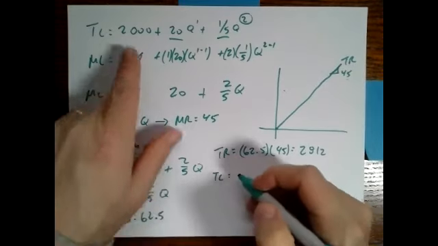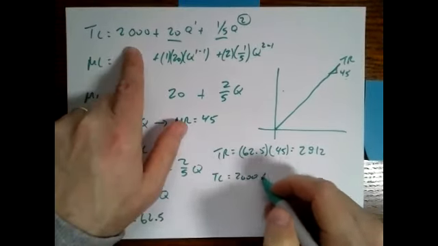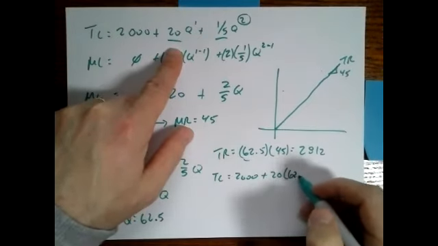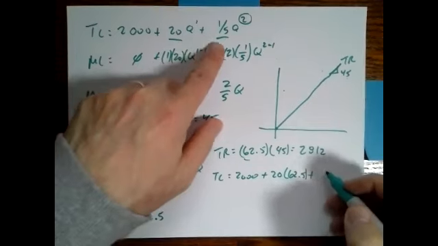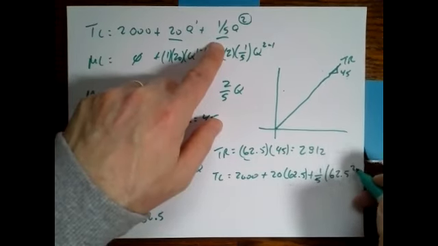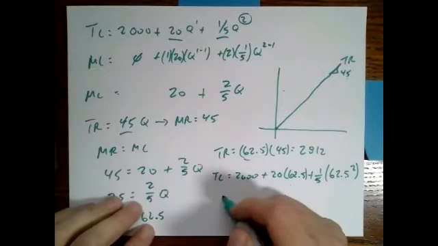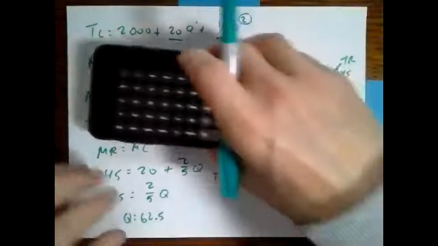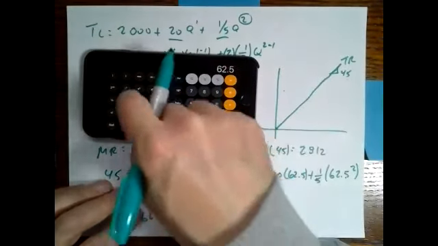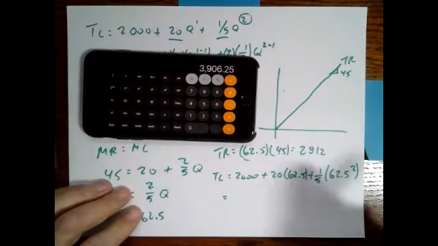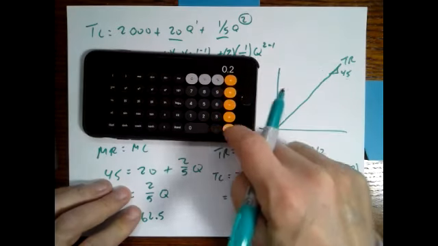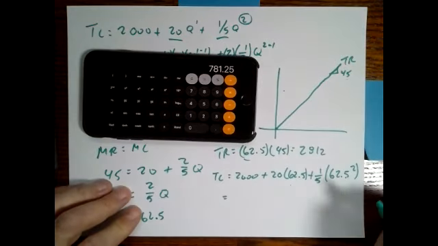And then our total cost is 2,000 plus 20 times 62.5, plus 1/5 of 62.5 squared. So 62.5 squared is 3,906, but we only want 1/5 of it. 1/5 is 0.2, right? 1/5 is equal to 0.2.